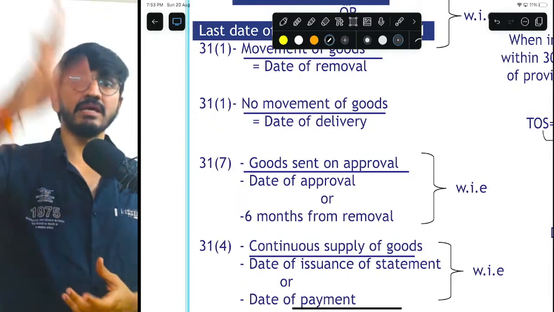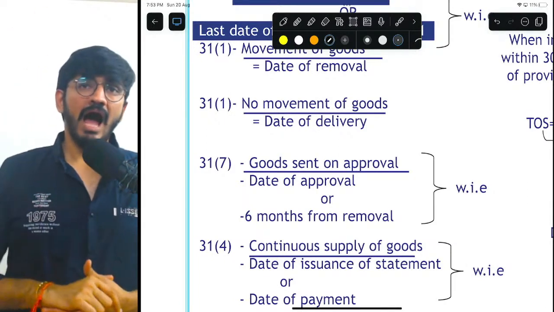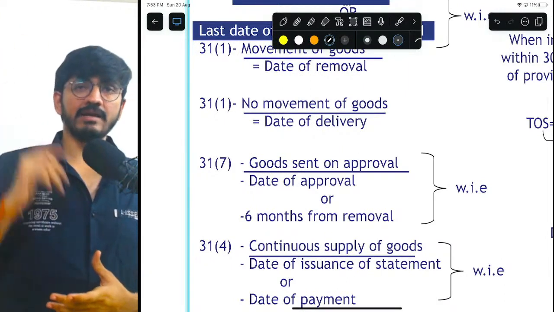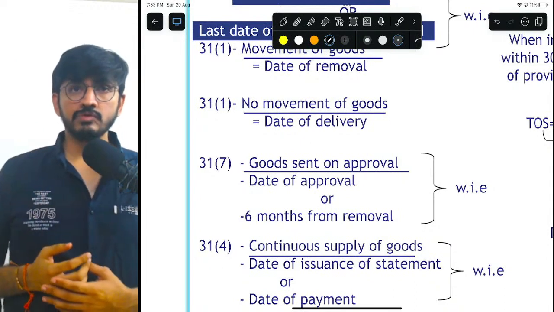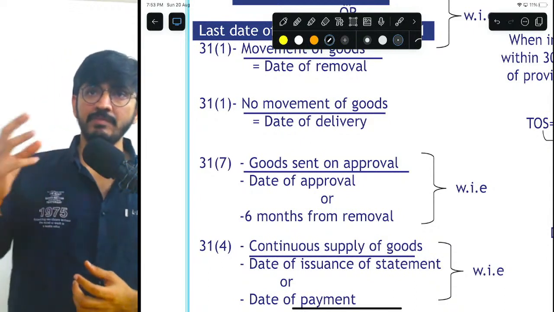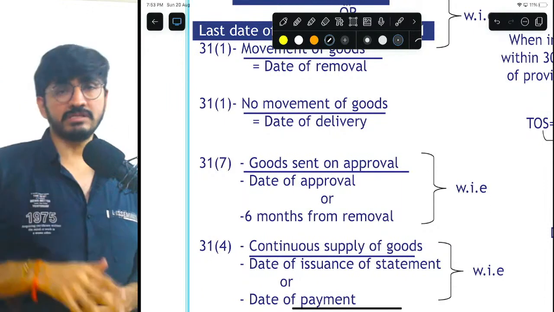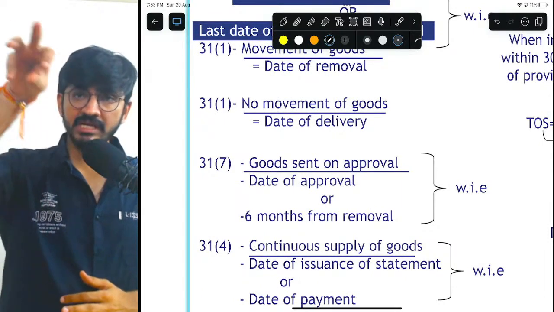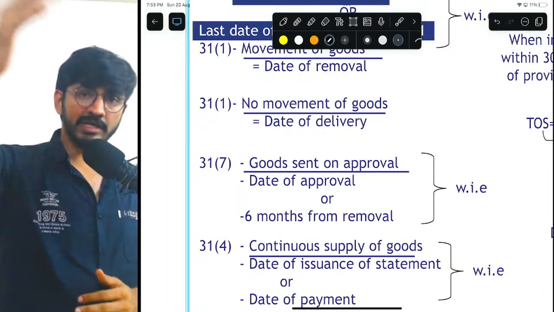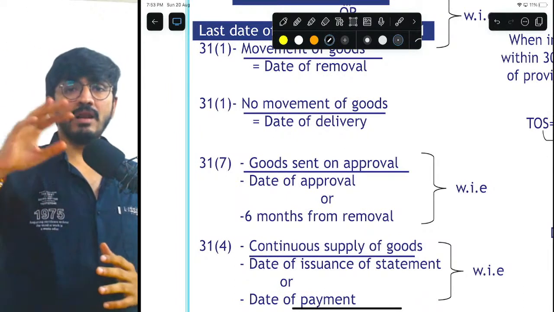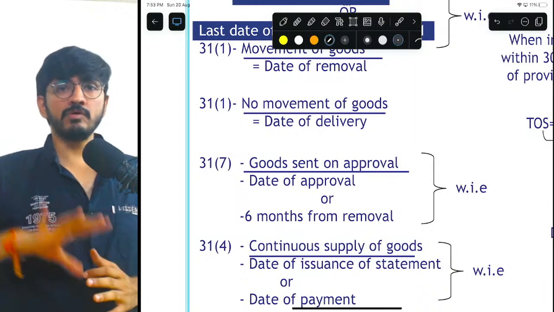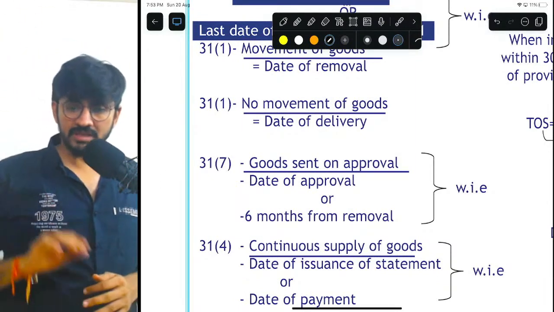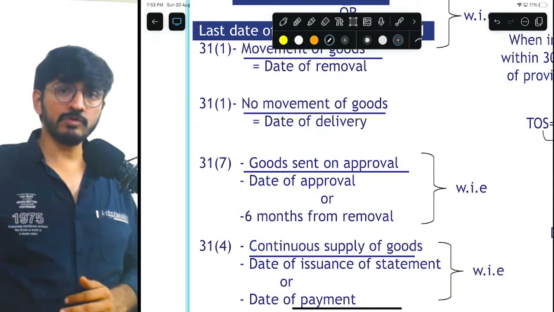That factory is in Chennai, and I am in Mumbai, and I am taking the entire factory, along with land and factory building. So there, understand that the factory building is immovable property, no GST. But the goods that they have, the machineries that they have, I'm also taking that. Now I will not shift that from Chennai to Mumbai because I want to start running the factory there itself. So in that case, is there movement of goods?